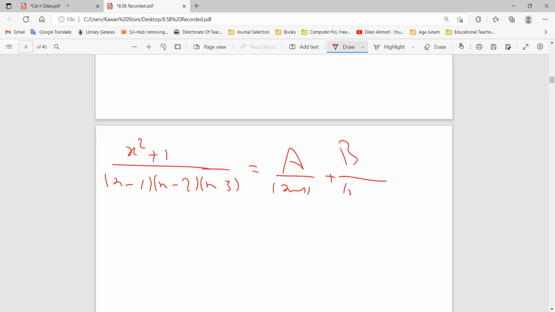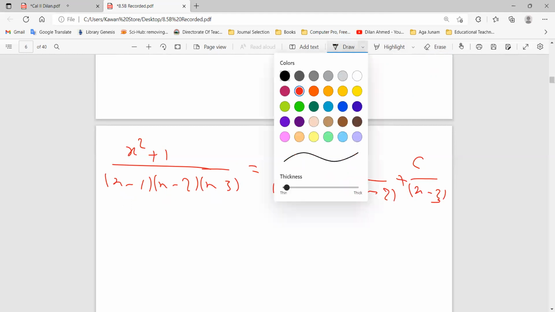If I have x squared plus 1 over x minus 1, x minus 2, x minus 3 and I want to find the value of B, I'm sure all are linear. So I'm going to use Heaviside for finding B, and I can solve it in one step.